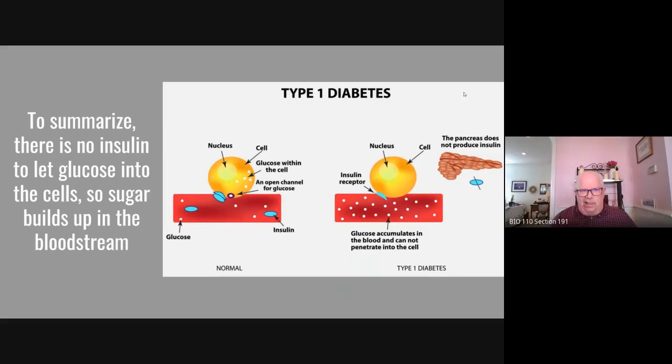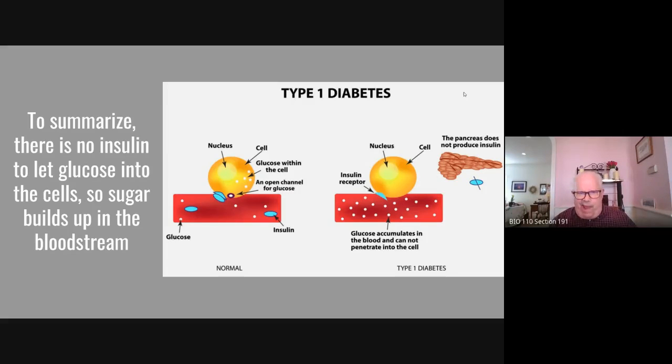To summarize, there is no insulin to let sugar into the cells. So sugar builds up in your bloodstream. The only way glucose gets into your cell is with insulin. It's called facilitated diffusion. It's from AP1.